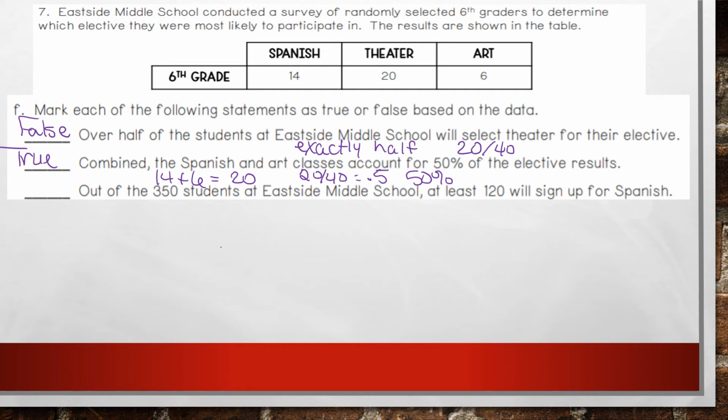And finally, the last, out of the 350 students at Eastside Middle School, at least 150 will sign up for Spanish. Sorry, 120. So we have to figure out, based off of letter B, we found out that 35% of them wanted to do Spanish.